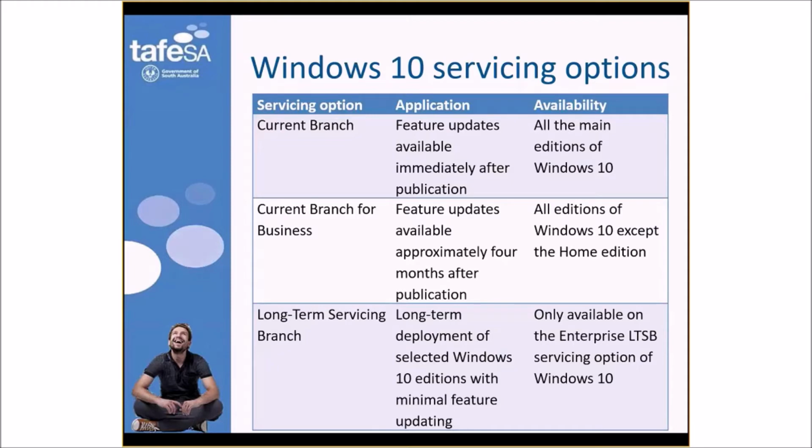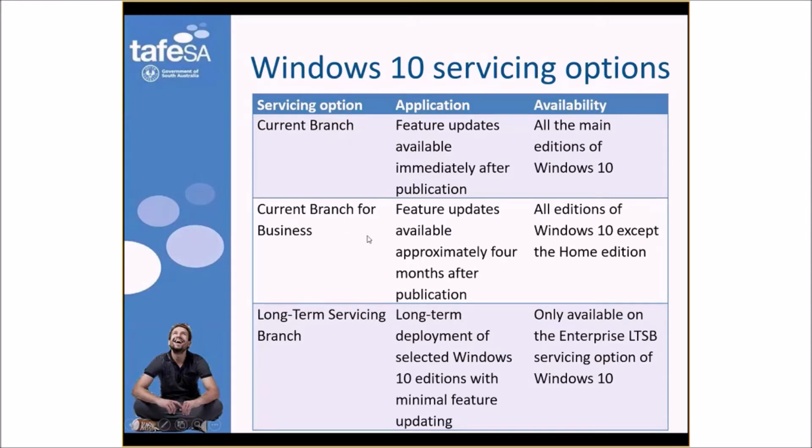Okay, so talking about updates, how do we service Windows 10? There's actually a Windows 10 servicing model. Okay, there's a current branch, which is application feature updates available immediately after publication. All the main editions of Windows 10 are available. So that's the current branch.